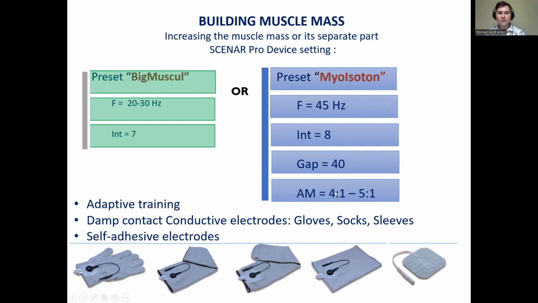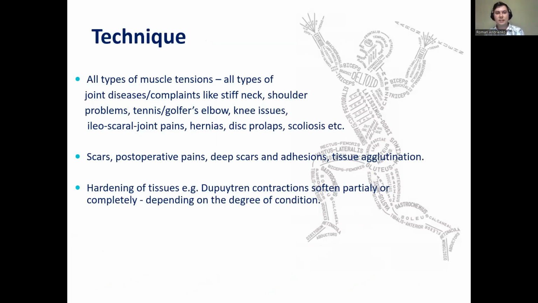Amazing results, because this works for the muscles as an adaptive training. It is perfectly compatible with conductive gloves or socks or sleeves, and also self-adhesive electrodes. This is probably, for me, the biggest reason to get the self-adhesive electrodes if you don't have one.